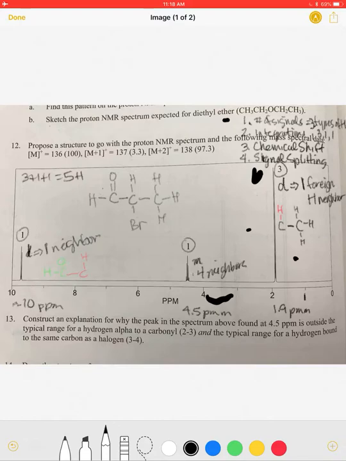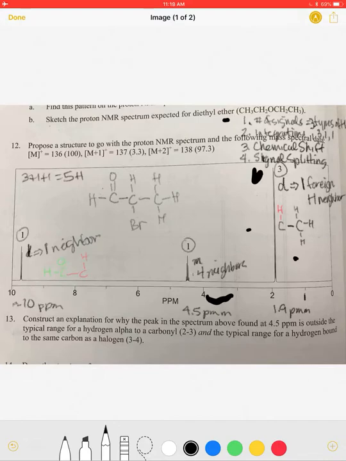And let's put our bromine on. So we have C3H5, 1, 2, 3, 4, 5, oxygen, and bromine.